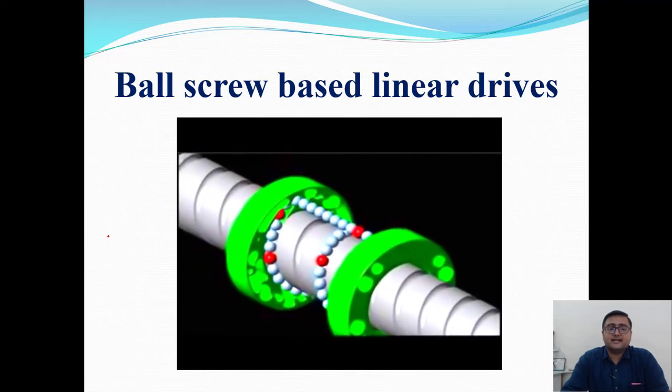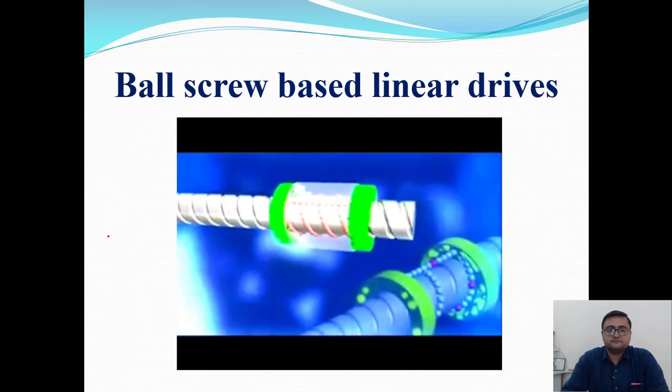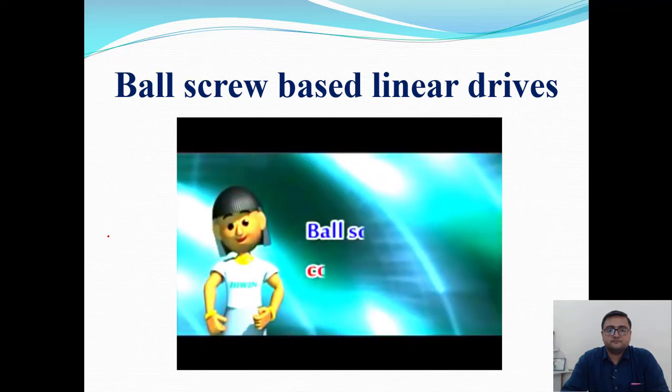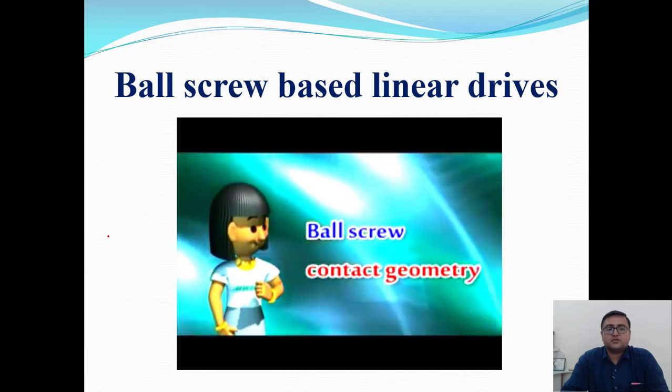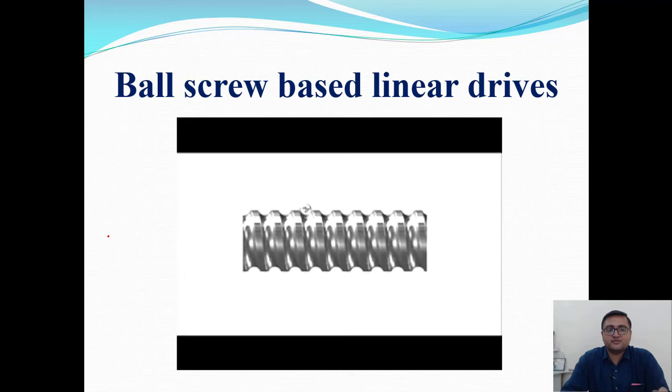Very beautifully analyze how it will work. So, the ball screw contact geometry. The contact geometry of a ball screw is derived from the thread space and the screw diameter. The pitch circle diameter of the thread space and the lead of the screw must match the ball diameter.